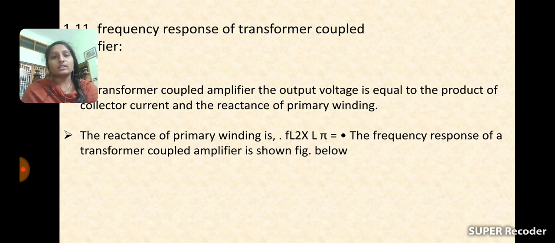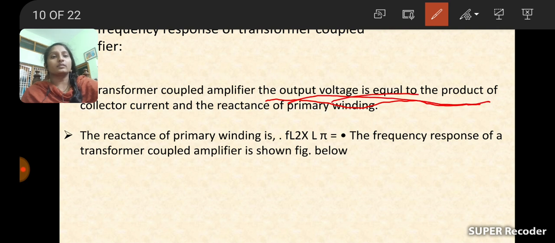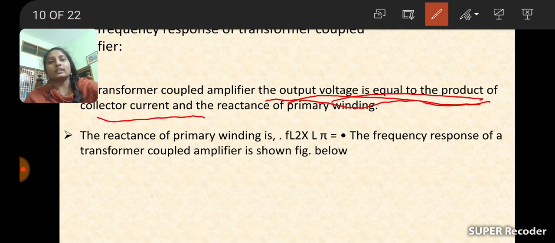In the transformer coupled amplifier, the output voltage is equal to the product of the collector current IC and the reactance of the primary winding.